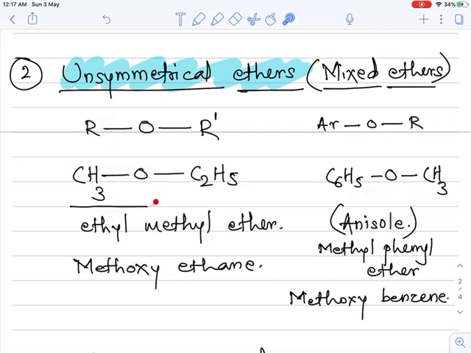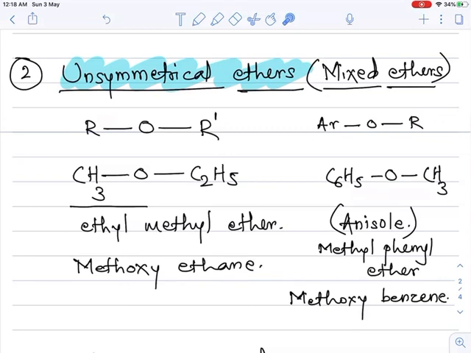The smaller alkyl group is considered an alkoxy group. One carbon containing group is the smaller group, so it is methoxy. The two carbon containing alkyl group is considered its alkane derivative, that is ethane. So its IUPAC name is methoxyethane.